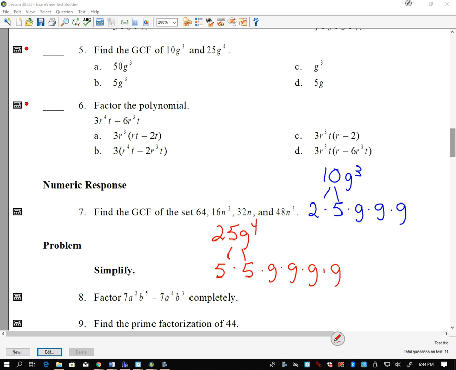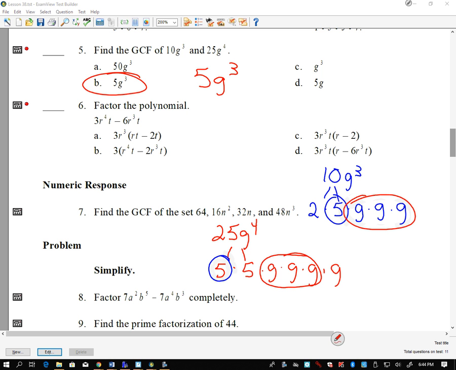So we're looking at what they have in common and the most that they have in common. Well, they have one 5 in common, and they have 3 g's in common. That's the most g's I can take out of all of them. So I should be getting 5g cubed as my greatest common factor. That's the most I can take from anything there. All right, let's keep going.